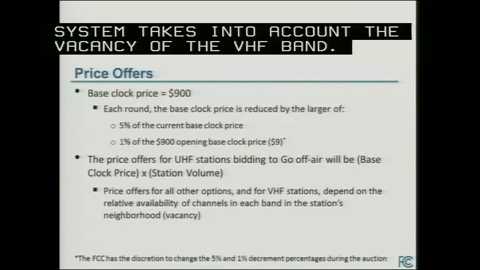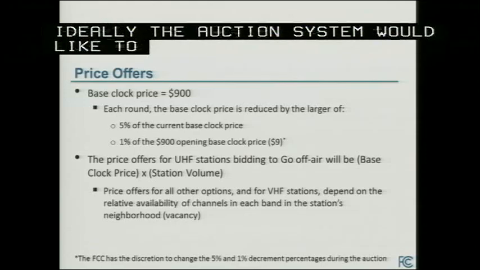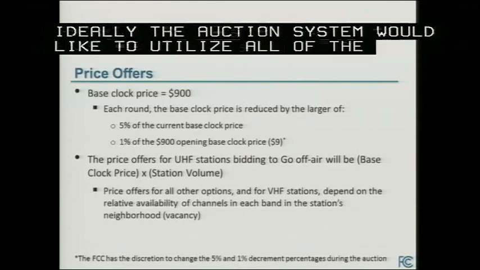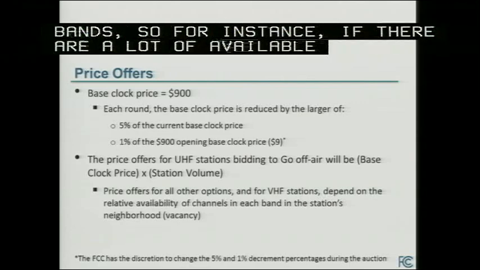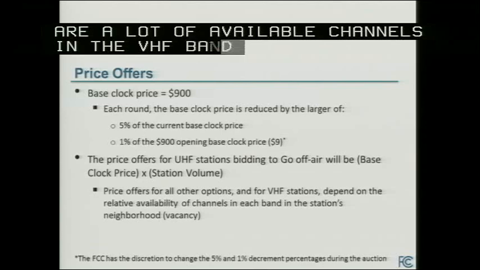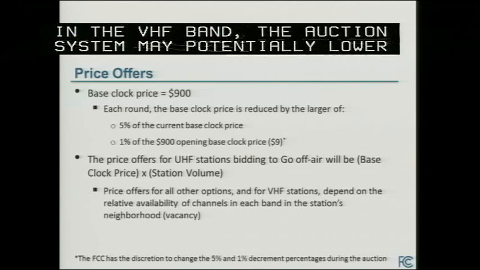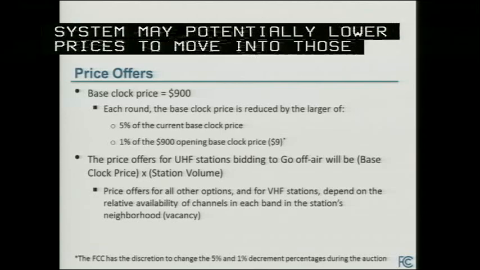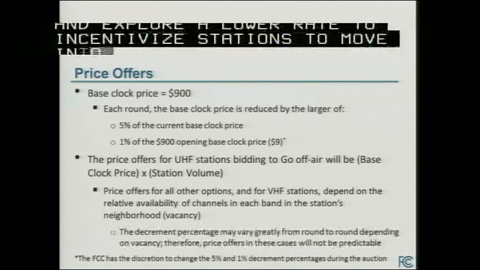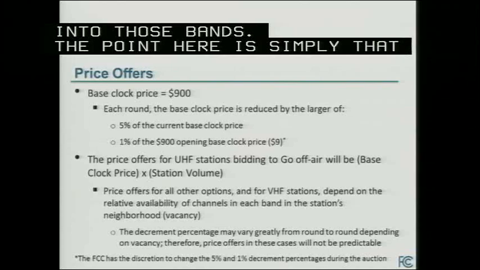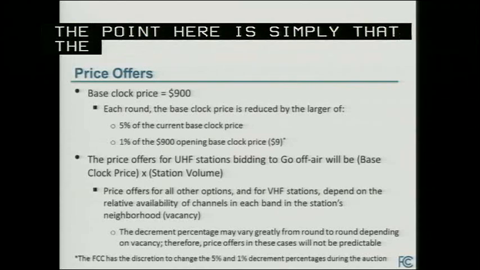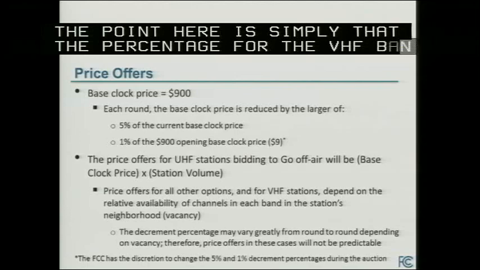So, for instance, if there are a lot of available channels in the VHF bands, the auction system may potentially lower prices to move into those bands at a slower rate in order to incentivize stations to actually move into those bands. The point here is simply that the decrement percentage for the VHF bands may vary greatly from round to round based on the relative availability of channels in the VHF bands.